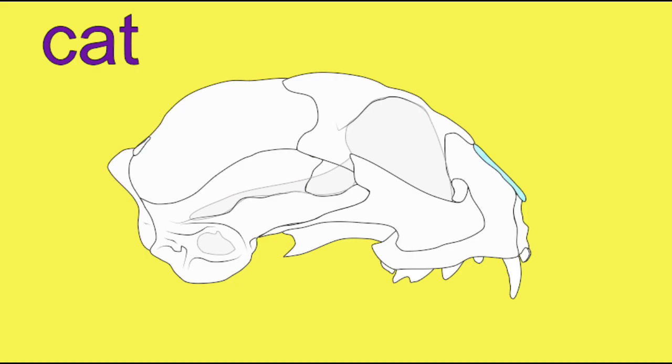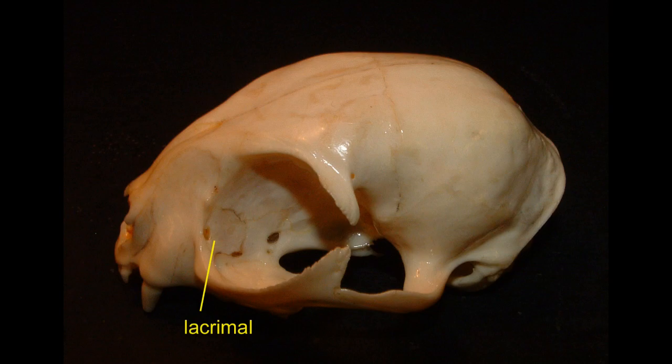A pair of nasal bones form the bridge of the nose, with the rest of the nose being composed of cartilage and connective tissue. And a pair of lacrimal bones exist in the medial portion of the orbit, although they are limited to the orbit and possess a lacrimal foramen which drains tears.